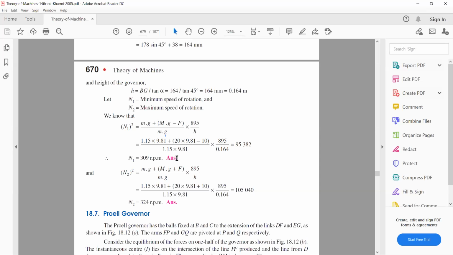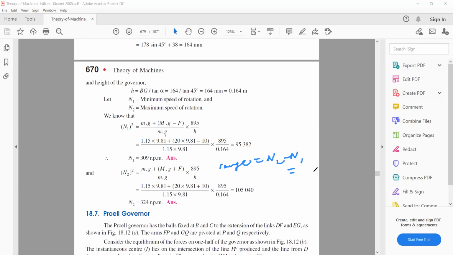They may also ask about the range of the speed. The range of the speed equals N2 minus N1, that is 324 minus 309.